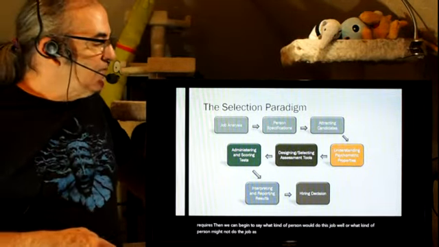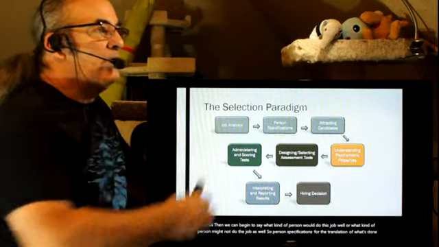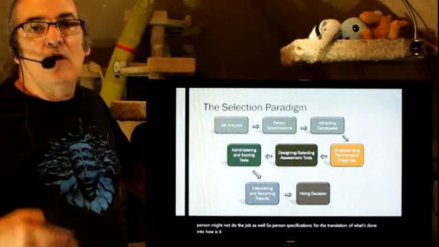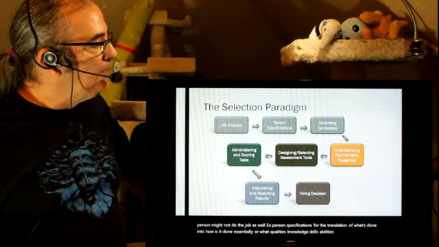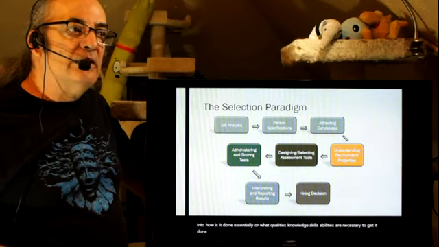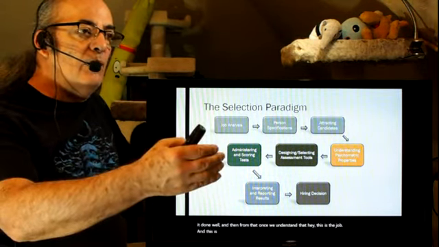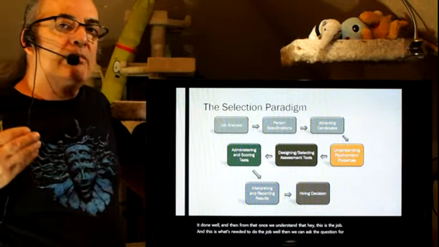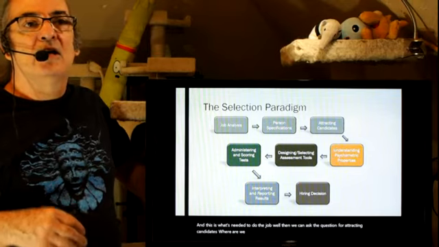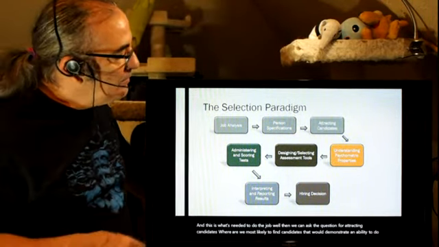So person specifications are the translation of what's done into how it is done, or what qualities, knowledge, skills, and abilities are necessary to get it done well. And then, once we understand that this is the job and this is what's needed to do the job well, we can ask the question for attracting candidates: where are we most likely to find candidates that would demonstrate an ability to do this well, right?